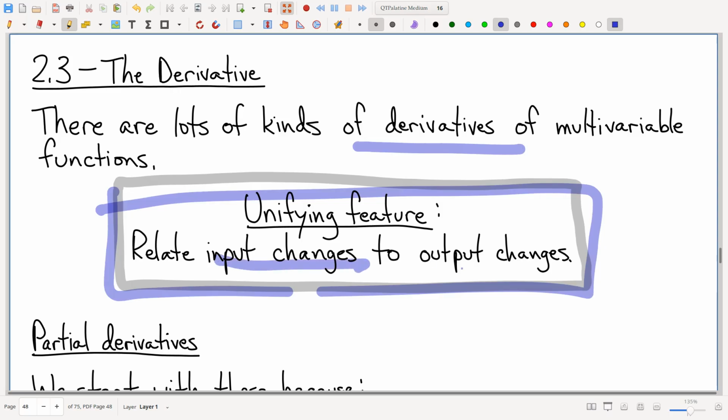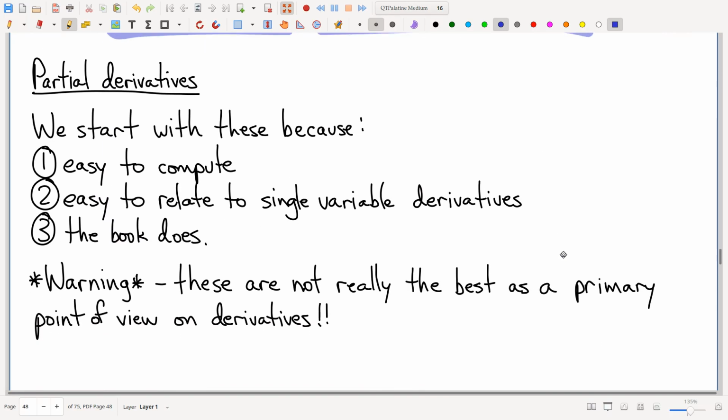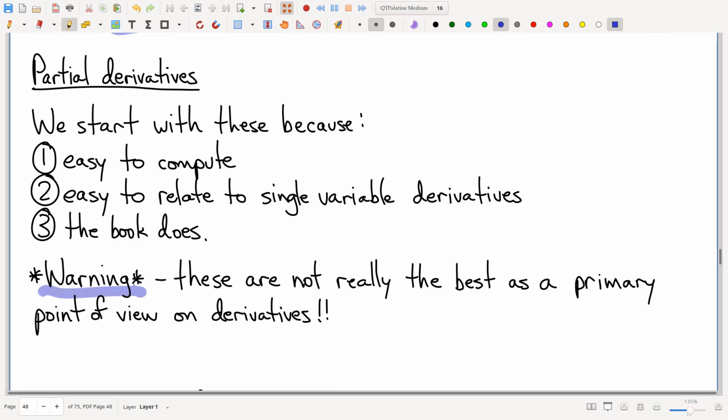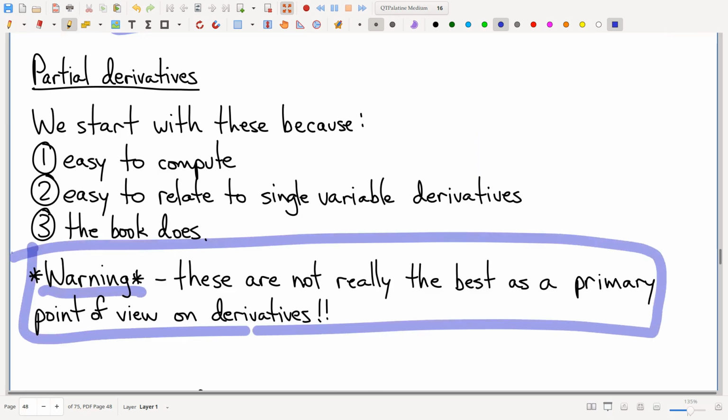They relate input changes to output changes, right? So that's what we were just talking about. And with partial derivatives, I gave you this warning: this is not how you should think about multivariable derivatives. I made the observation that we're going to have something much better than this. And that thing that is much better is what we just saw.